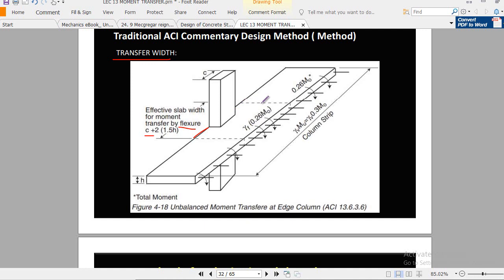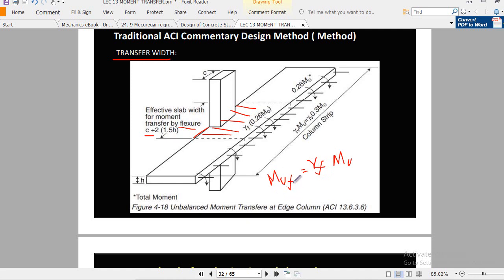This dotted line you see here is the transfer width, and you have to provide extra steel reinforcement right here for the extra moment which you got, gamma f times Mu. Okay, Mu, this is the moment Muf.